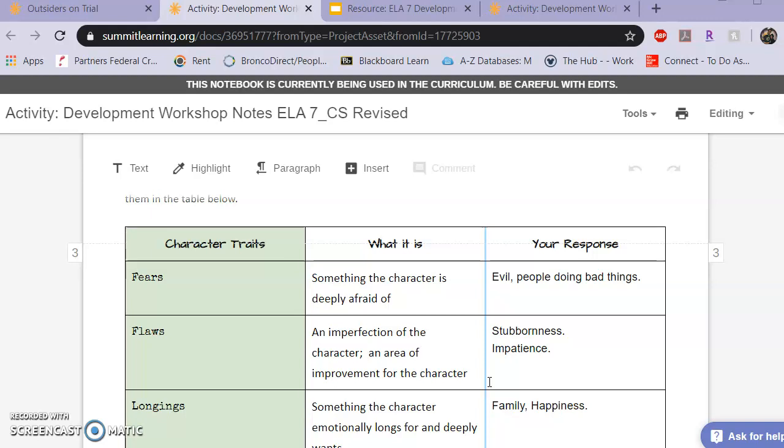What are the flaws? The flaws are an imperfection of the character, an area of improvement for the character. So this is something that they could work on, something that they need to change, that they're trying to change. Okay, and for Harry, it's stubbornness and impatience. Especially at the end of the book, he finds out what Snape has done, and he wants to just go ahead and stop him.